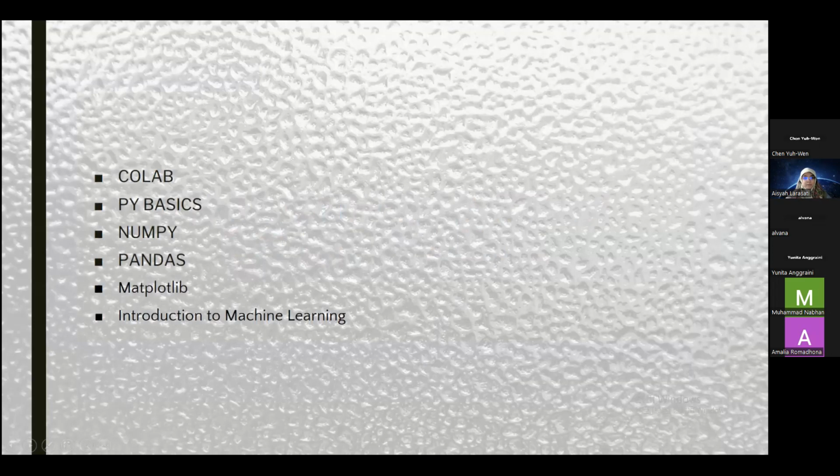The outline for tonight is separated into some mainstreams. The first one, we are talking about Colab. The second one, we are talking about the basics of Python. We'll show very simple programs, hand by hand and case by case.